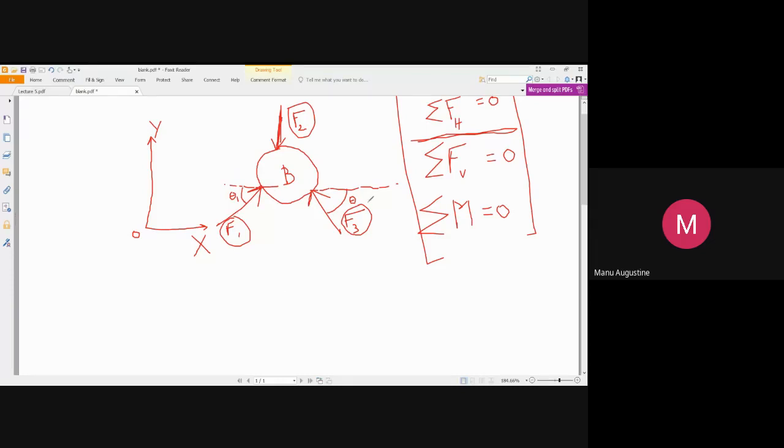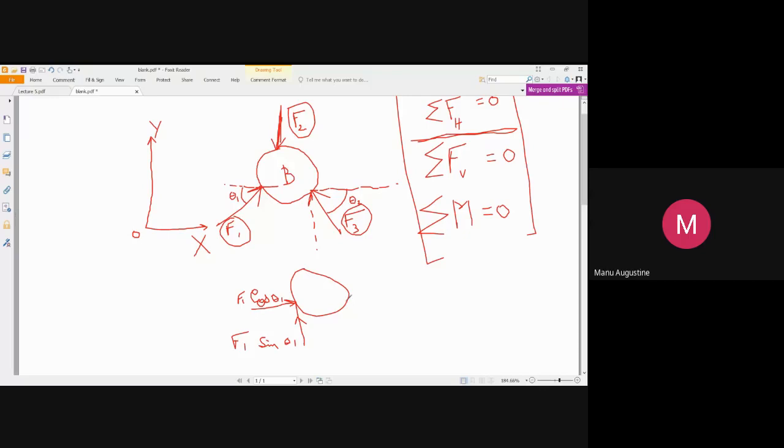So if F1 is making theta 1 angle with the horizontal, you can resolve this as follows. This becomes the horizontal component, F1 cos theta 1, and this will be F1 sin theta 1. Similarly, F3 is also an inclined force, inclined at an angle of theta 2 with the horizontal.